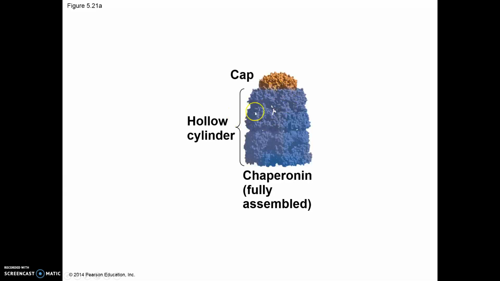So here we have a chaperonin. This is one specific type, and you can see that it is somewhat barrel-shaped. Okay, you actually have 4 ring-like structures made up of smaller independent subunits. And over here we have a cap. So this actually constitutes 2 parts. This is one chamber, and this is another chamber.